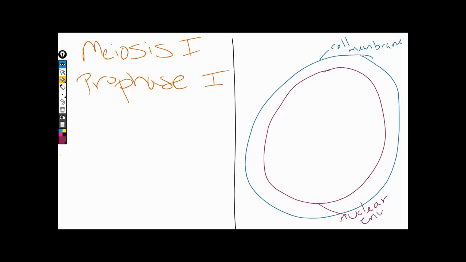Okay, as we mentioned, our example cell is going to be in interphase. So am I going to draw chromosomes or chromatin? Chromatin, good. Now, I don't want this to get out of hand, so I still have to be diploid, correct? I need 2 copies of everything, one from mom and one from dad.